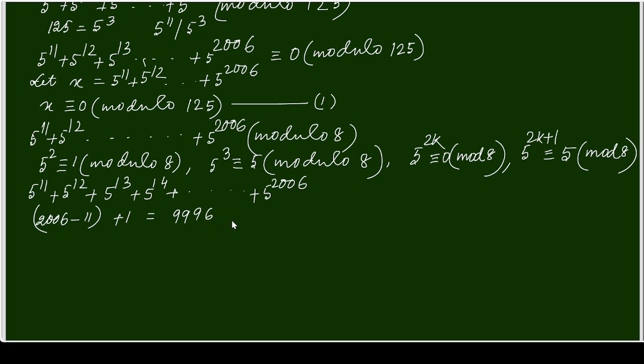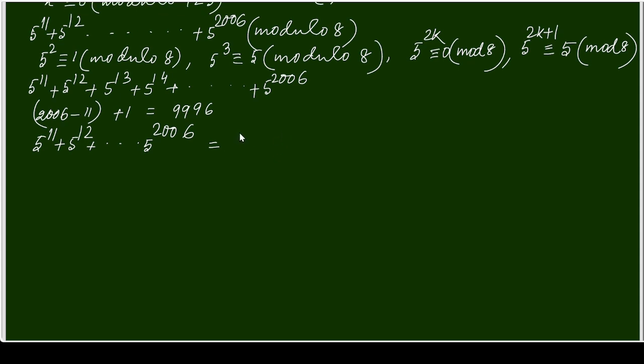That means half of this number will give remainder 5 when taken modulo 8, and half will give remainder 1. So we write 5 to the 11 plus 5 to the power 12 up to 5 to the power 2006 is equal to 1996 divided by 2 into 5 modulo 8 plus 1996 by 2 into 1 modulo 8.